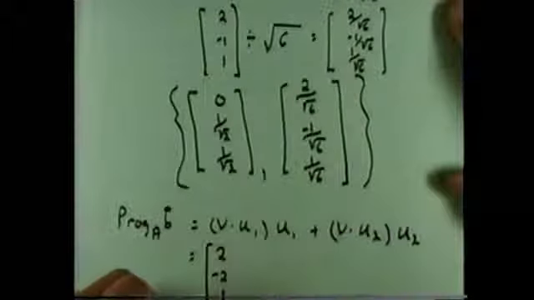Here B is taking the place of V, so B was 2, negative 2, 1.